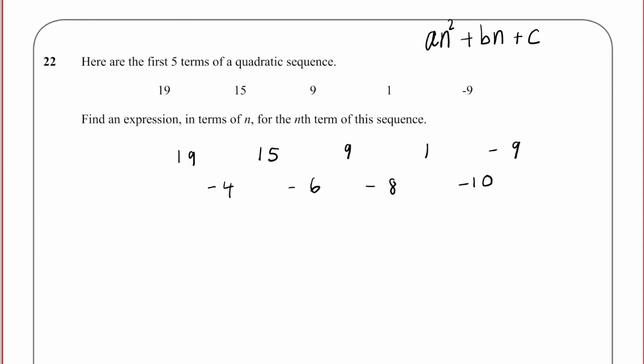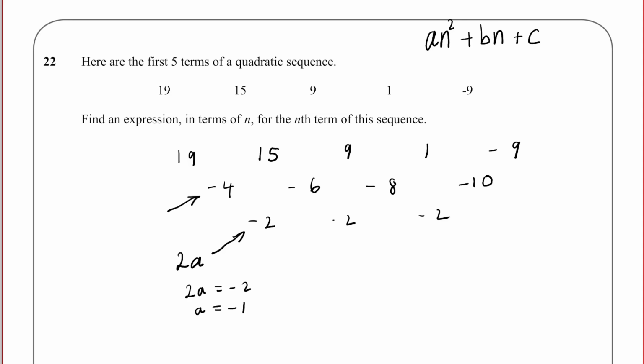The second difference, the difference between the differences, is minus 2 each time. So the second difference is the same. We know it's a quadratic sequence, and the second difference is always 2a. So if 2a is equal to negative 2, a is negative 1, which means it's negative 1n squared plus bn plus c.